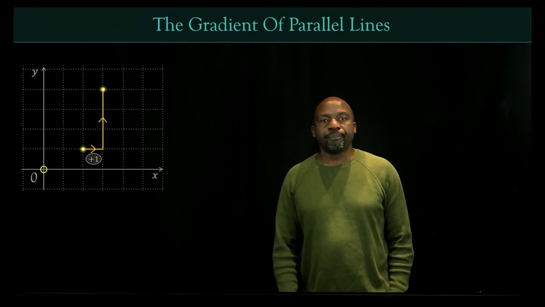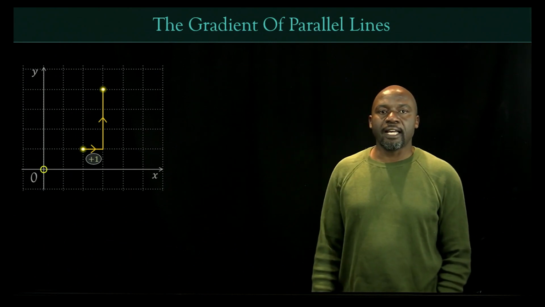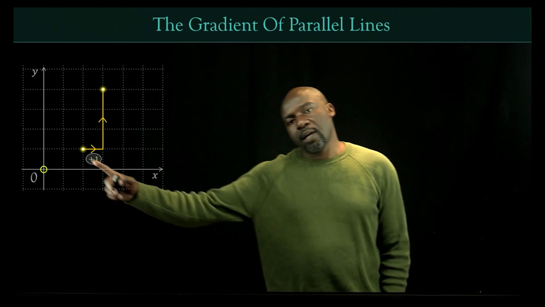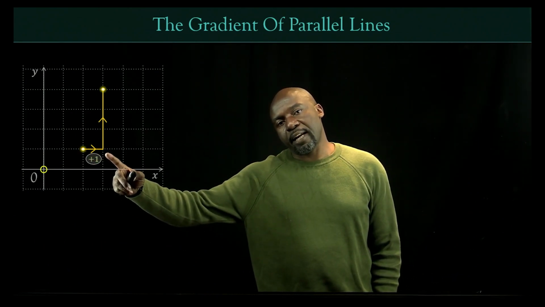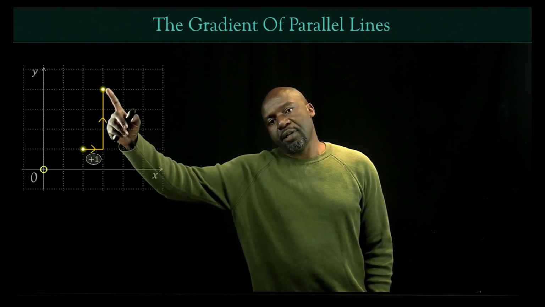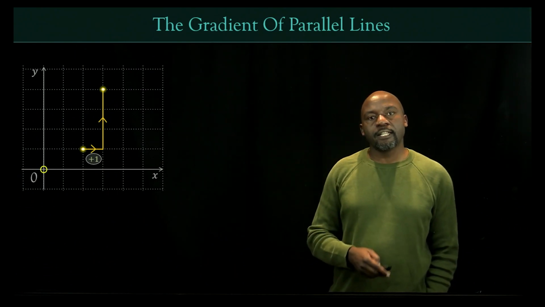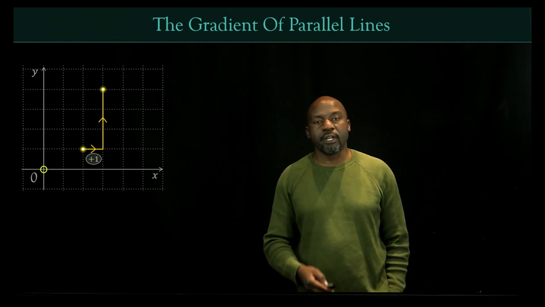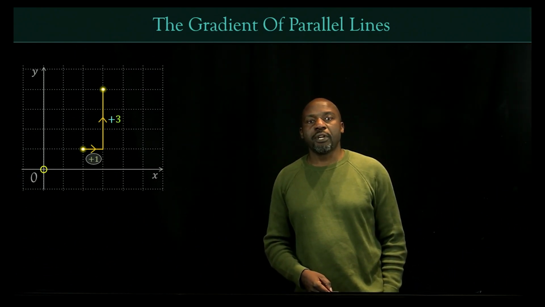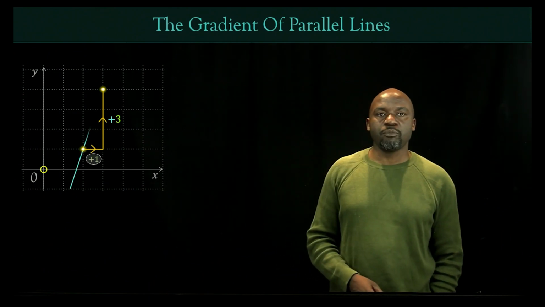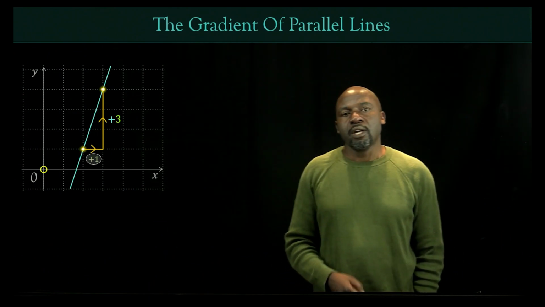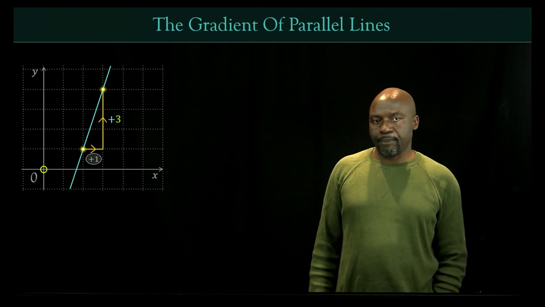So if we join this with a line, a single step in the x direction followed by 3 steps in the y direction will give us a line which has a gradient of positive 3, because the line is rising. So this line has a gradient of 3.